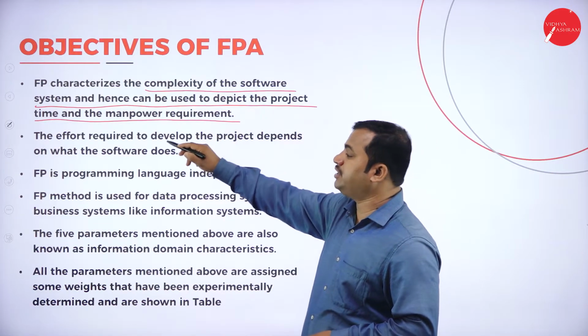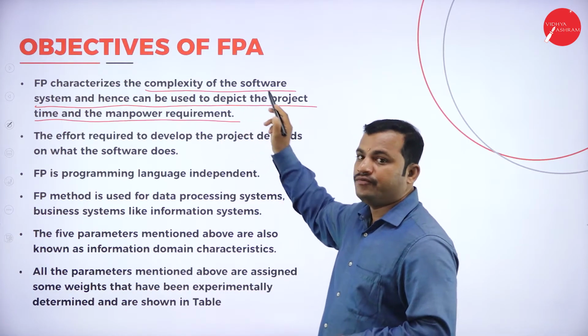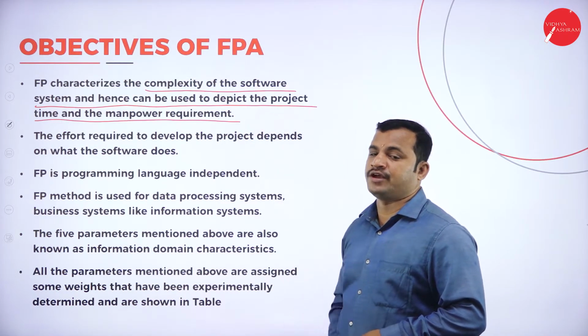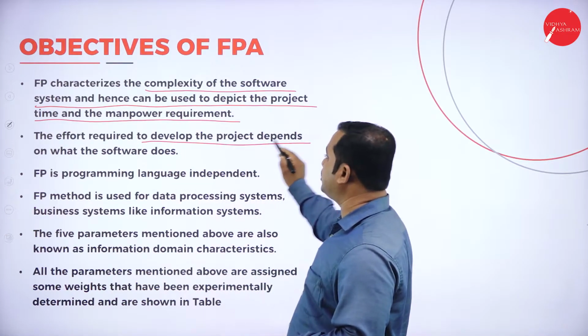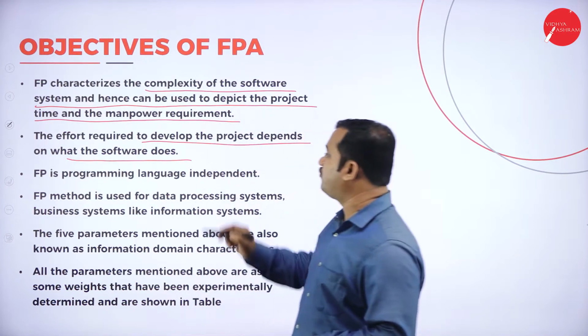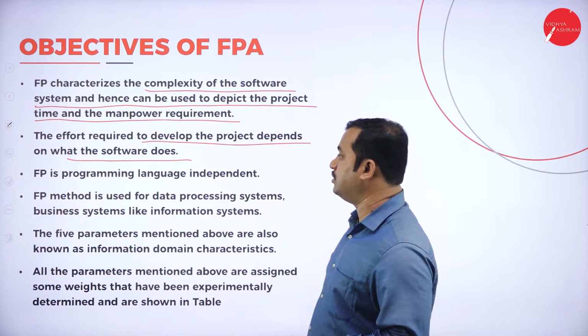These function points include the time and manpower required to finish the complete software. Then the effort required to develop the project depends on what the software does, what the functionality is that is going to be done.